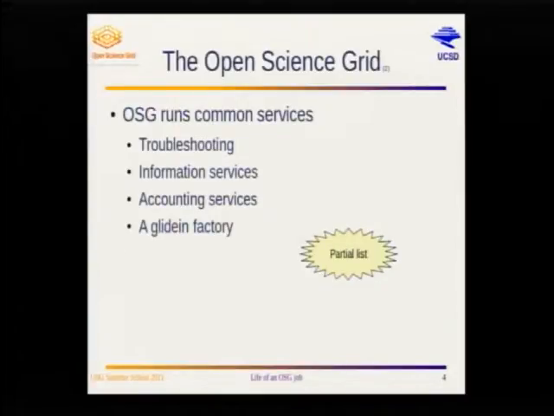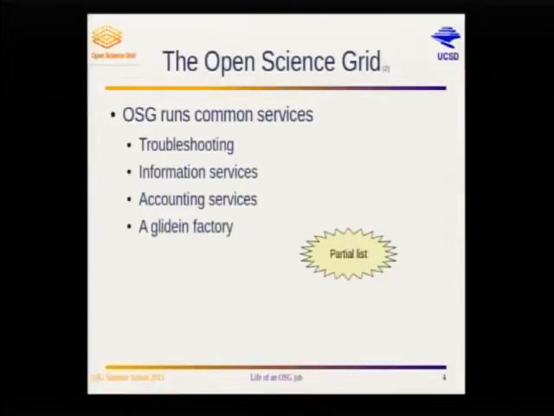I'll have a word about that a little bit on. There are accounting services that essentially allow the VO management and users to know how much was used by whom. So that when you ask, well, how many cycles did I actually provide to LIGO this month, and I am a CMS site, I can check. I know I should be able to deliver 10 million hours of CPU in a month. Did I? This kind of stuff.